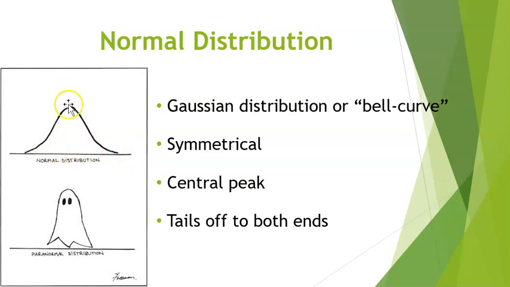Your mean's right in the middle, and exactly half the scores fall to the left and exactly half the scores fall to the right. So this is the ideal distribution that we always want. When I'm making a test, my goal is to make a normal distribution of test scores for the class, and that means it's not too hard and not too easy.